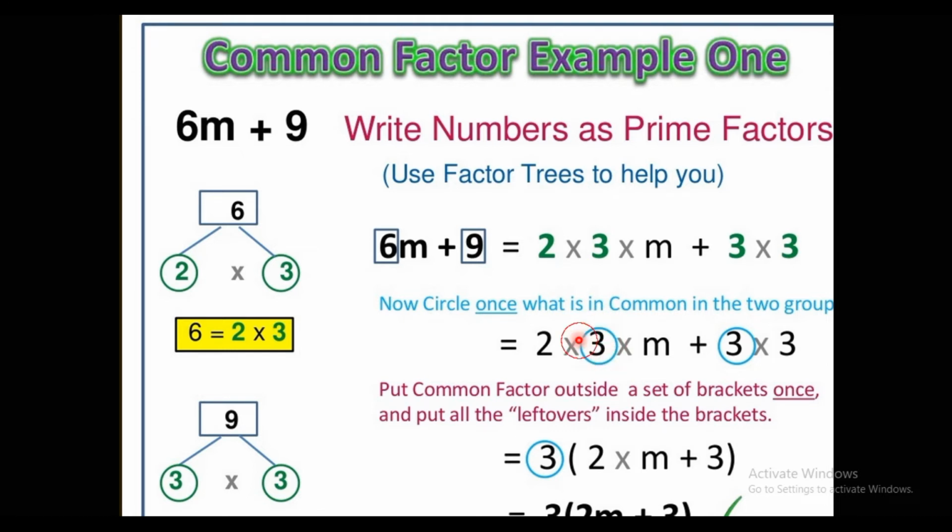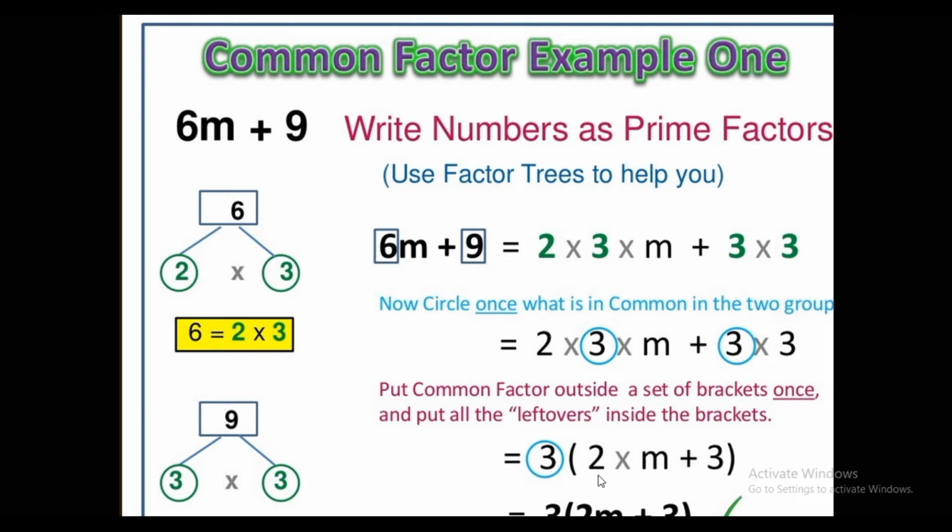Okay, so here 3 is the common term, and what is our main target? Put the common factor outside a set of brackets. You will have to put a bracket, and put the common factor beside the first bracket.